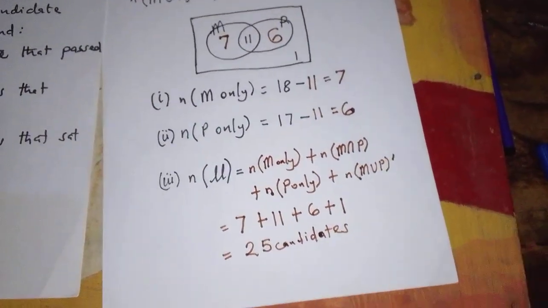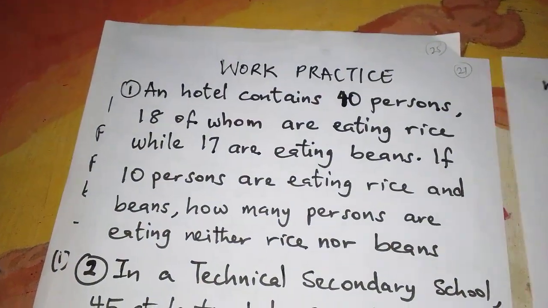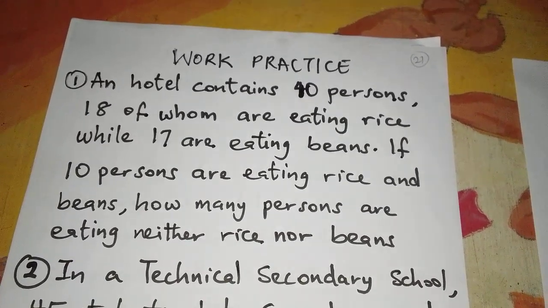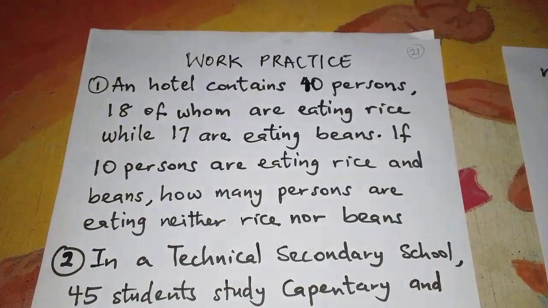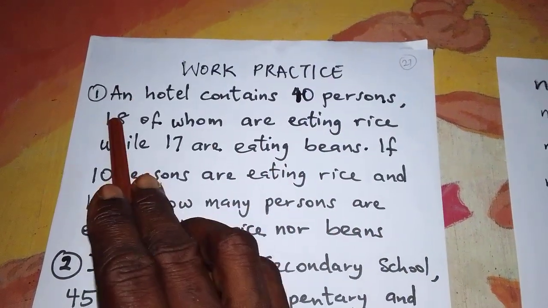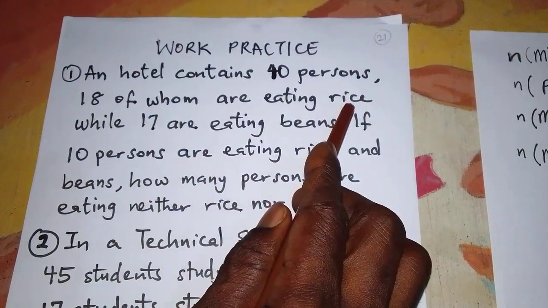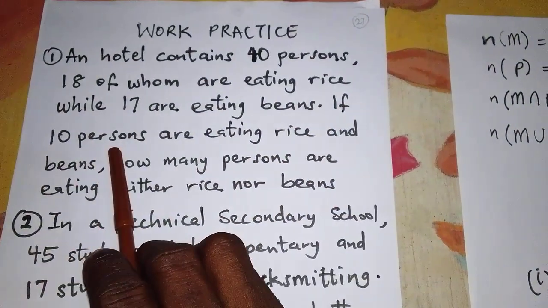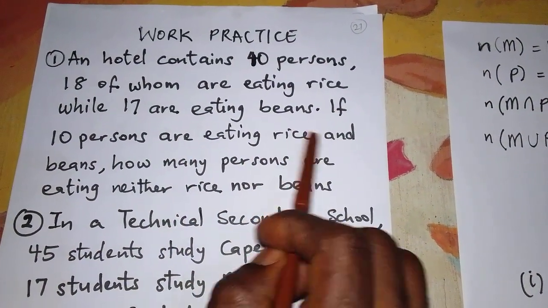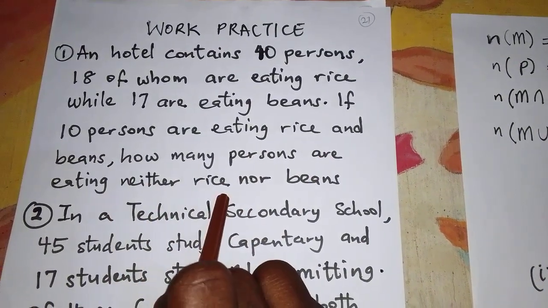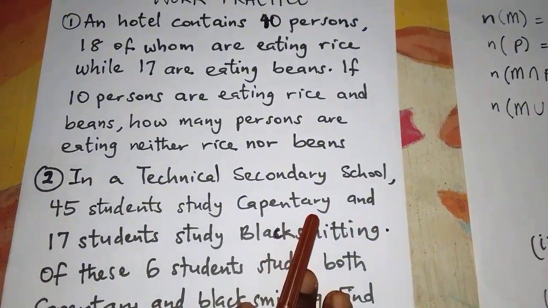So for the work practice, number 1, a hotel contains 40 persons, 18 of whom are eating rice, while 17 are eating beans. If 10 persons are eating rice and beans, how many persons are eating neither rice nor beans?